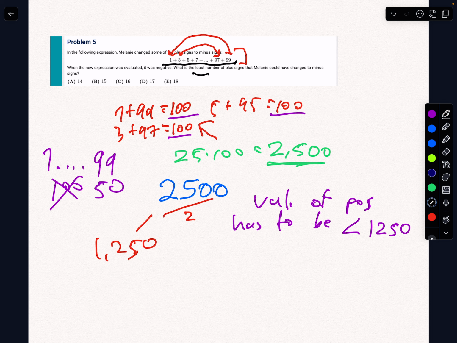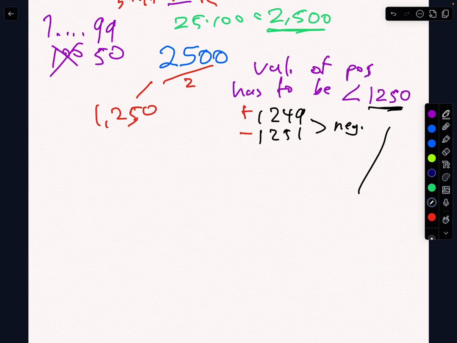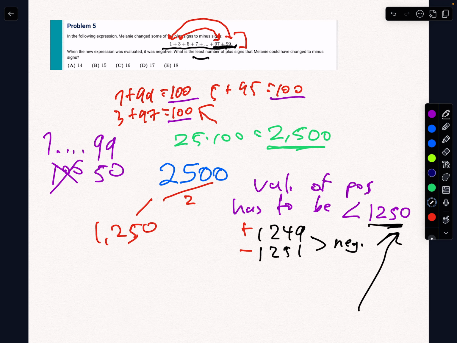If the value of all the positive numbers summed together is less than 1250, for example maybe it's 1249, then the sum of all the negatives would be 1251, so the total expression would be negative. So that's our next hint: the value of all of the positive numbers has to be less than 1250. So how are we going to calculate specifically how many numbers we have to change?